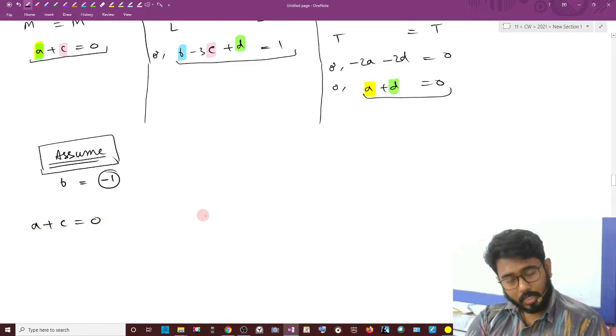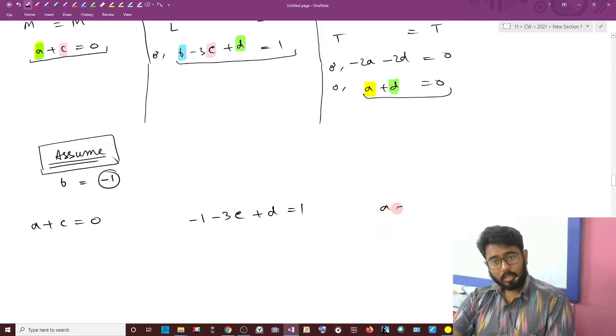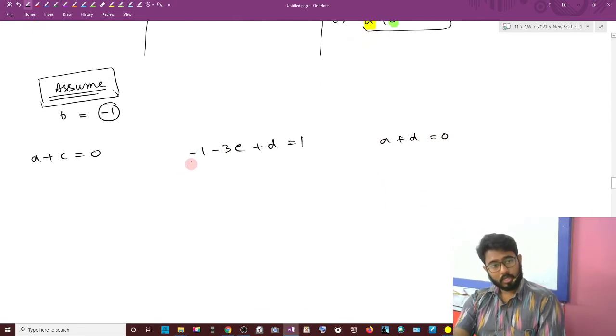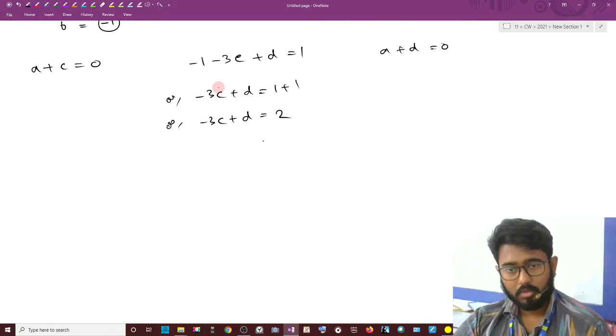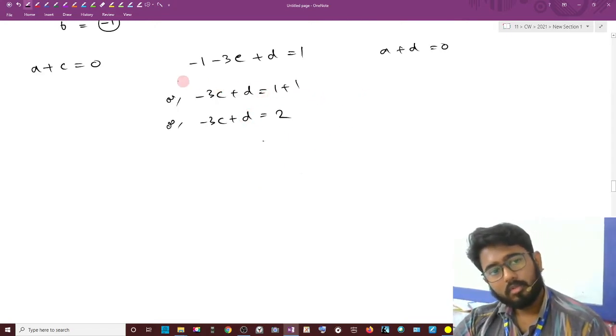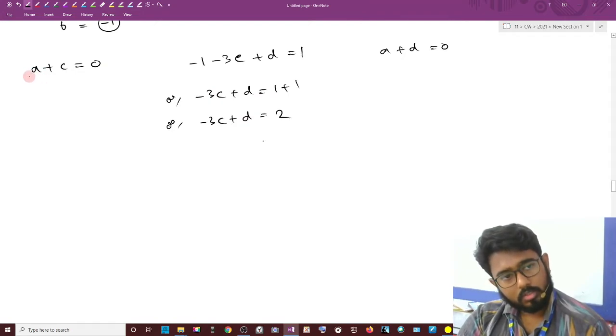I am just doing an assumption. So minus 1 minus 3c plus d equals 1 and a plus d equals 0. So we are getting minus 3c plus d equals 1 plus 1, or minus 3c plus d will be 2.